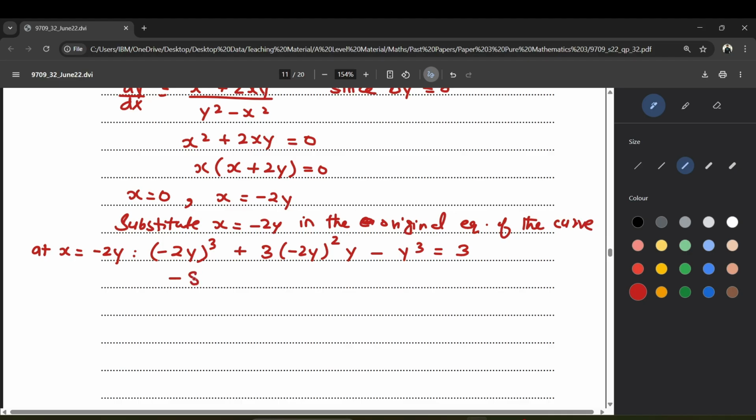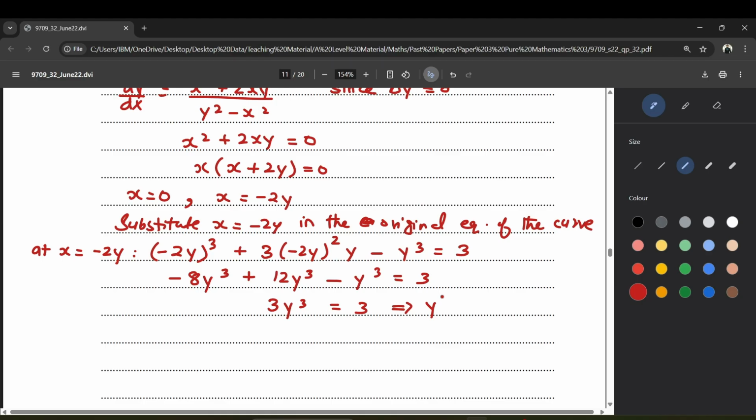So let's try to work that out. This becomes minus 8y cubed, then minus 2y whole squared is 4y squared times 3y, so that will be 12y cubed, minus y cubed equals 3. So this will be 3y cubed equals 3.